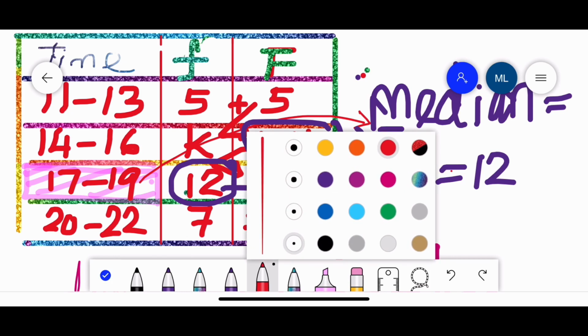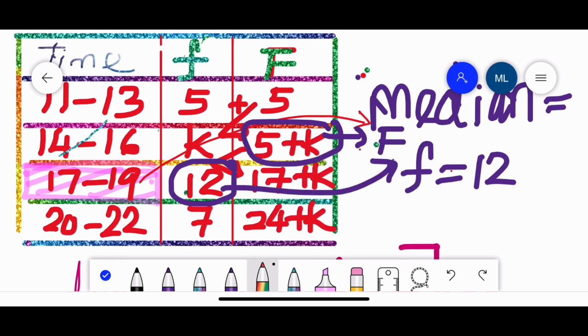And then you can read the lower boundary for the median class, which is 16 plus 17 divided by 2, right? So you need to find out all the important information first. With the important information, then only you can plug into the formula.